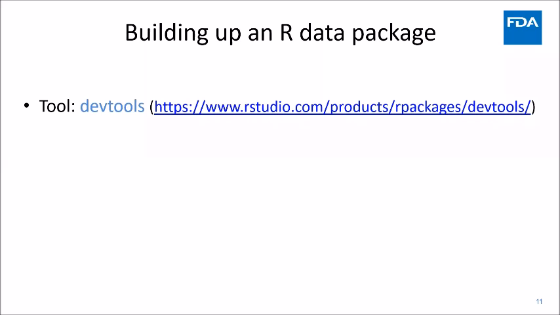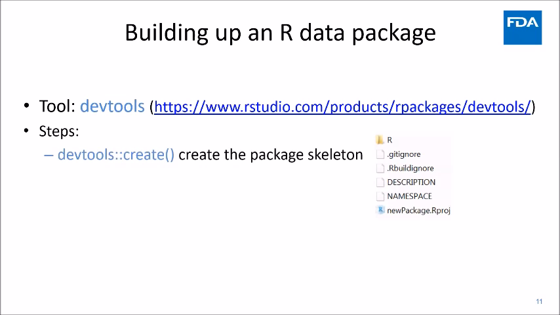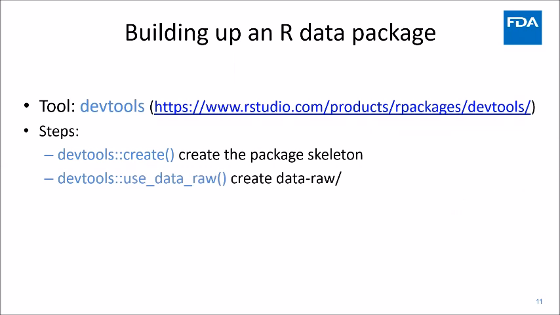To build an R data package, we use devtools, which is a development tool for R package development. The basic package skeleton looks like this. In the DESCRIPTION file, we can edit the entries for the information of the package. The use_data_raw function is specifically for R data packages.